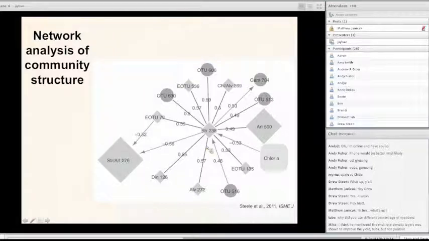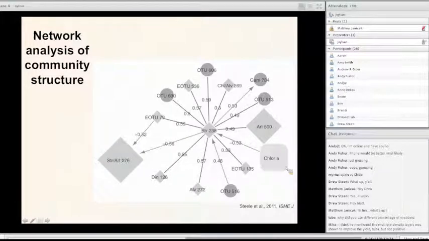All the diamonds in this figure are different eukaryotic species. All of the circles are different bacterial species, and you can see that these arrows indicate these species are all somehow correlated with each other, in the presence or absence and abundance of these species. And additionally, an environmental variable, in this case chlorophyll A, also seems to impact the presence and abundance of these species.